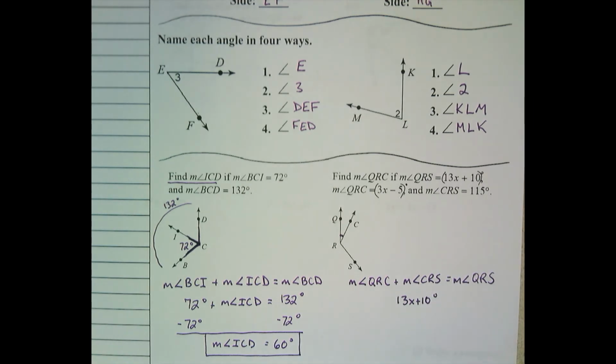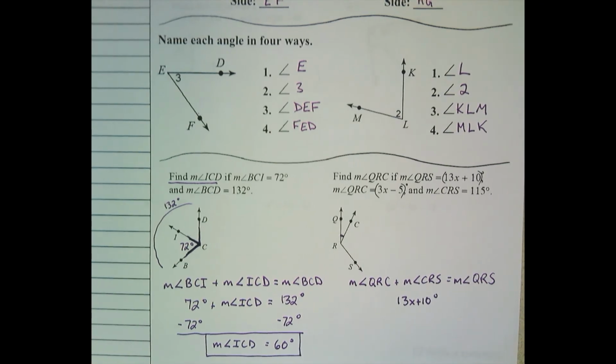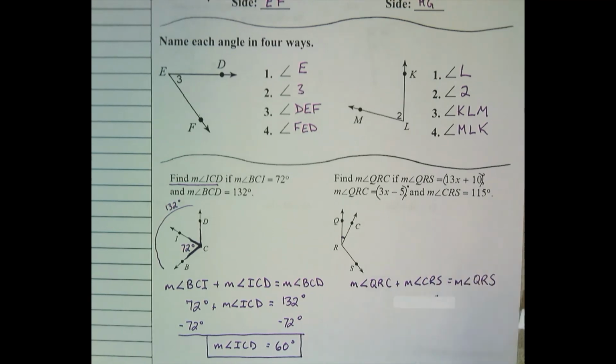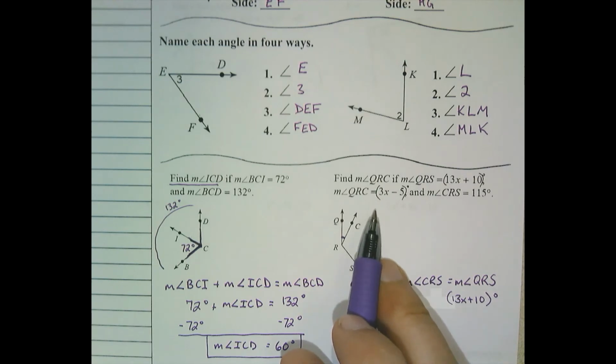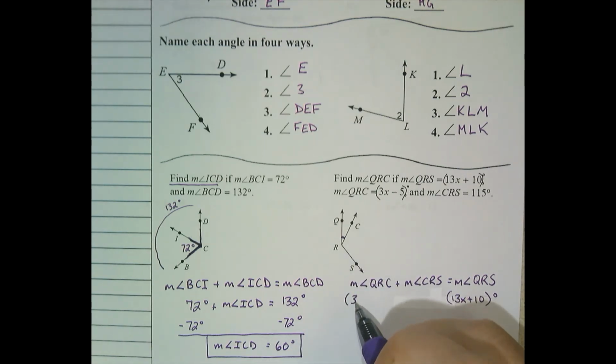Whoa, I wrote that down on the wrong one. QRS is 13x plus 10. And QRC is 3x minus 5.